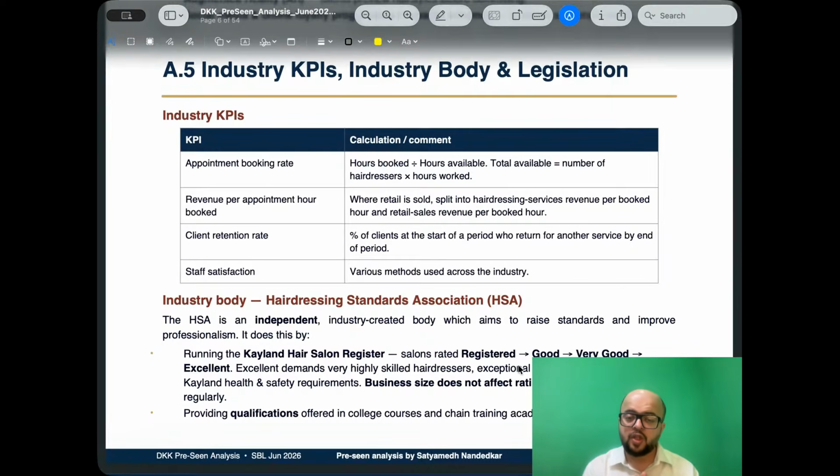Then client retention rate, percentage of clients at the start of a period who return for another service by end of the period. So, as we were discussing, you have a sense of loyalty with the person who cuts your hair or styles your beard. So you keep on going back to the same person. So that basically talks about the client retention rate. Start of the period who return for another service by end of the period.